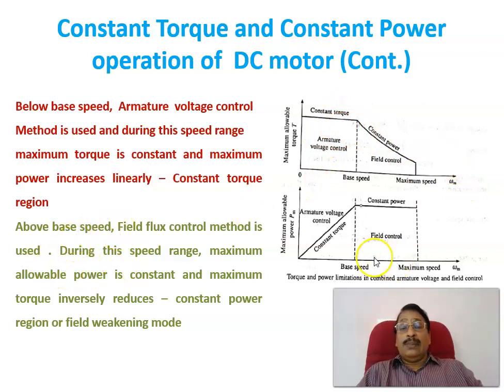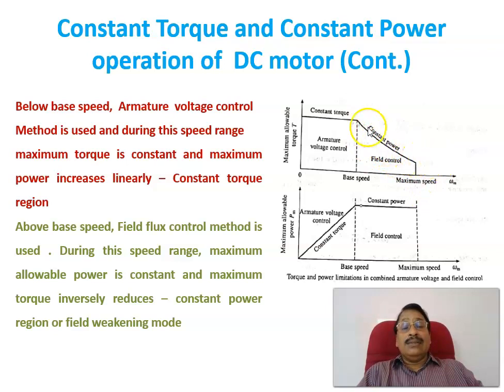And above the base speed, the flux control method is used. During this speed range, the maximum allowable power is constant and the maximum torque reduces inversely. Therefore, torque reduces inversely as omega, because P equals torque into omega, or torque equals P divided by omega.